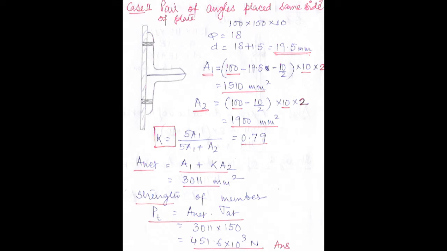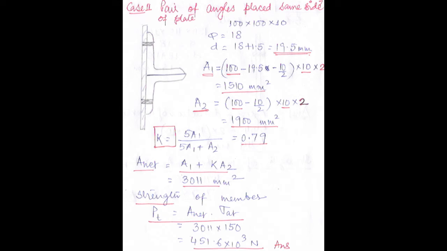Now A1 is what? A1 will be, as I have explained you in the last case, 100 minus 19.5, that is the rivet diameter, minus 10 by 2, that is just we have to take from the center line to center line measurement, multiplied by 10. 10 is the thickness of the plate. And here I have multiplied it by 2.